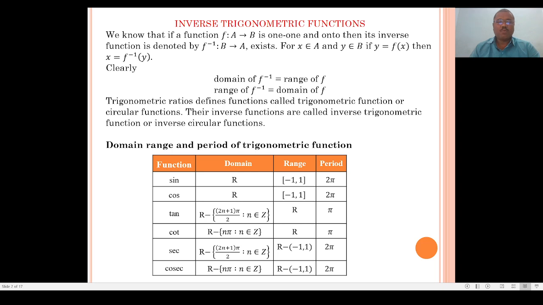So domain of cos function is R, set of real numbers, its range is closed interval -1 to 1 and its period is 2 pi radian. For function tan, domain is R minus the set (2n plus 1) pi upon 2 such that n belongs to Z, and its range is the whole real number set and its period is pi radian.